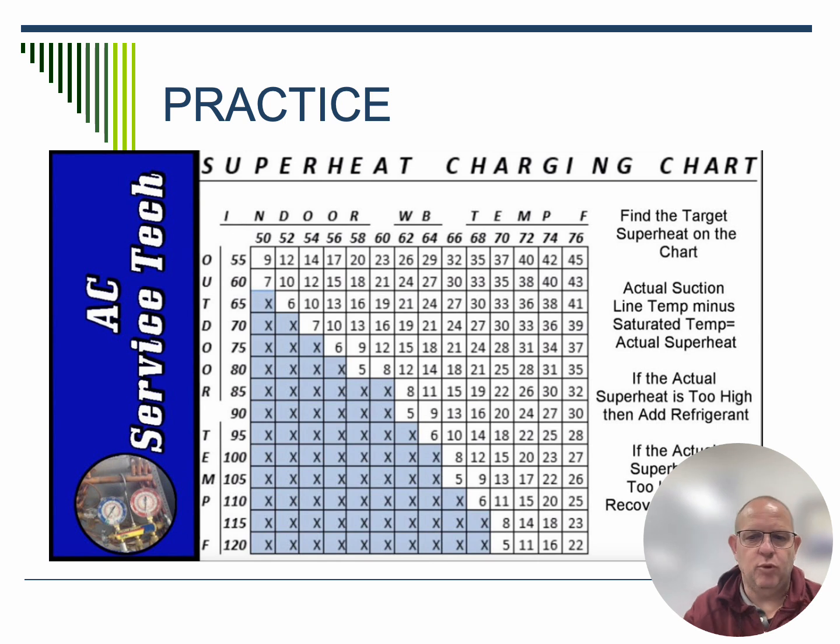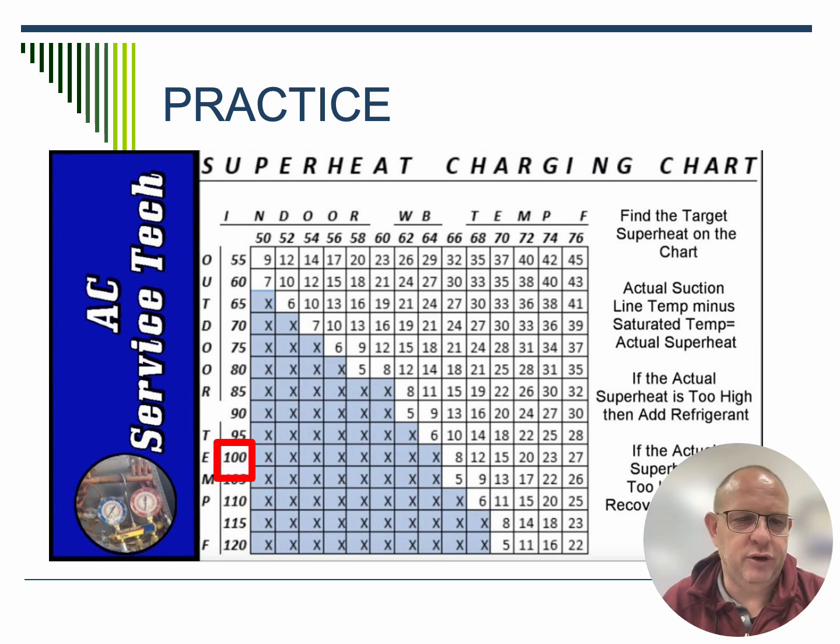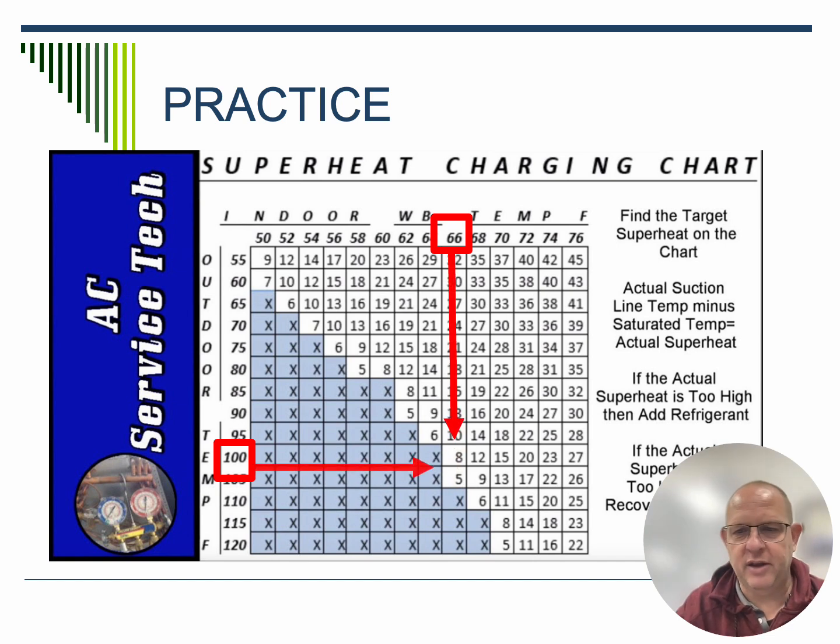So let's look at a couple of different numbers and see what we need to do here. Outdoor temperature is 100 degrees. We took a wet bulb temperature at the indoor unit and found it is 66 degrees, and our superheat value for this system should be running somewhere around 8 degrees. So that's one condition we can look at.